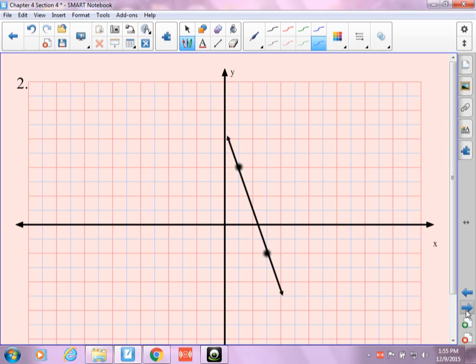I'm going to start with the dot that I get to first, or the point I get to first, and that's right here. Right? So am I moving up or down to get to the next stop? I'm moving down. So that's going to be a negative. Okay, and by the way, if I'm moving down, is it going to be a positive or a negative slope? It's going to be a negative slope. Okay, I'm going to move down. How many down do I go? That is correct.